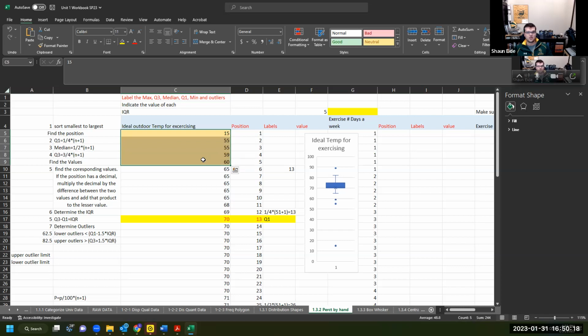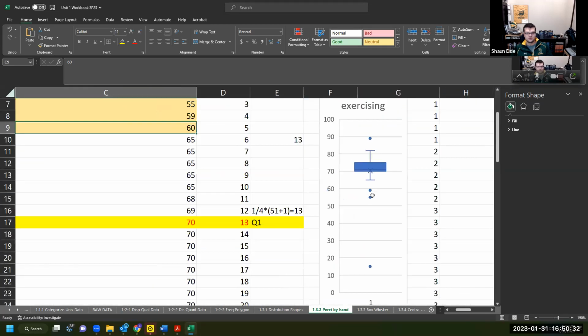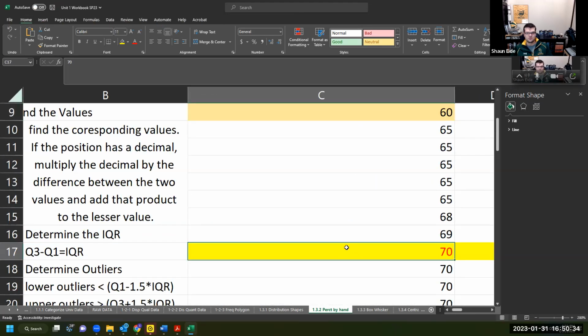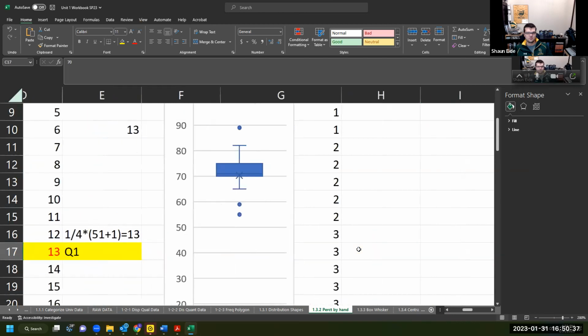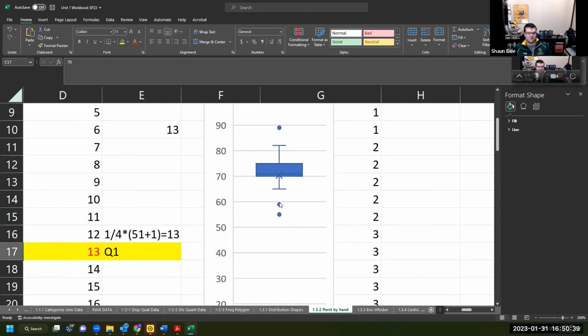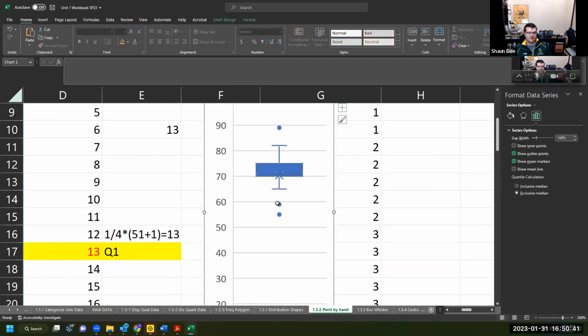So we have a total of 5 down here. Interesting. So you notice right here, this 59 and 60. Let's see if I can zoom in more. There, for some odd reason, it's not showing that 60 dot.